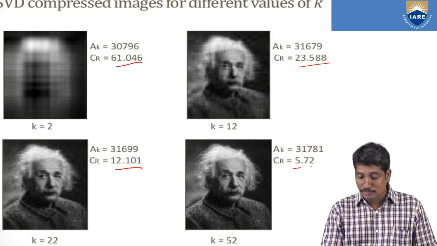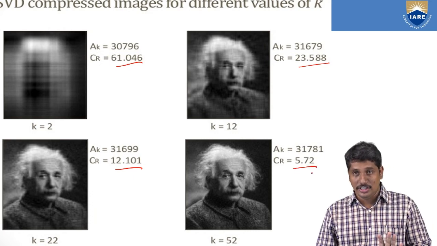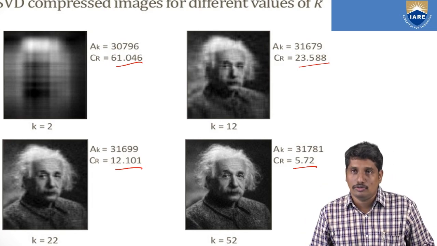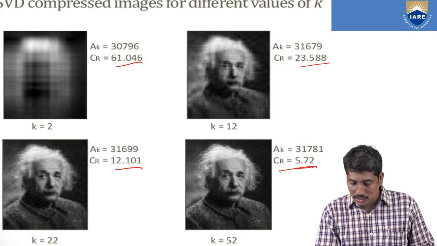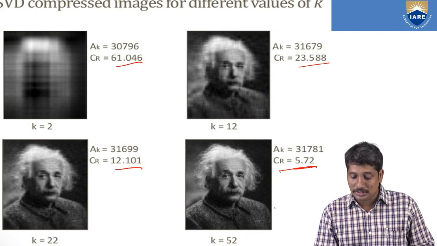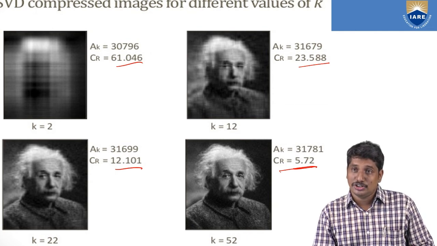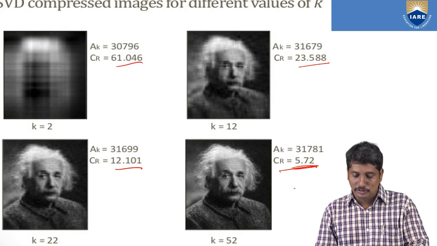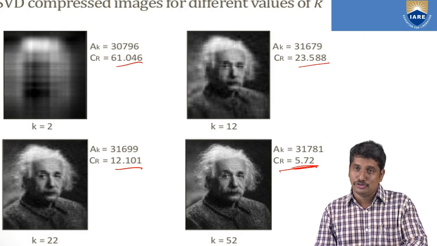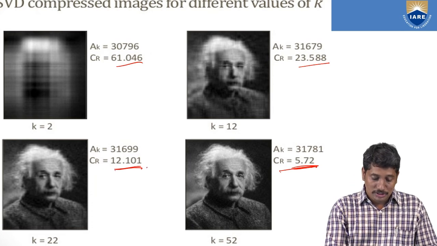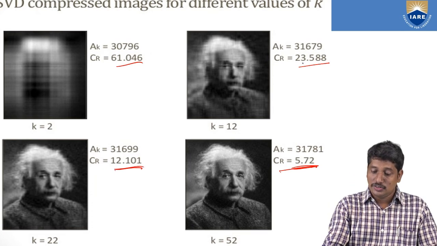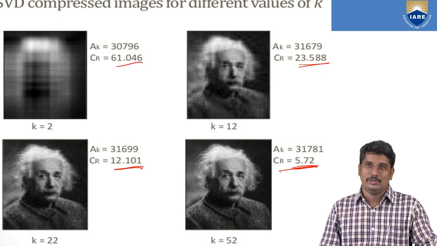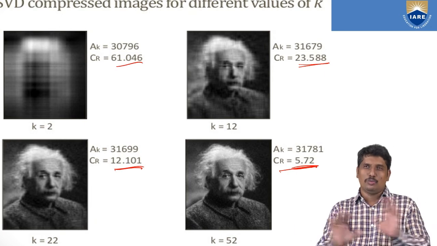But when you confine to a reduction of only 5% of the data, the photo is almost equal to the original photo. So this CR represents the percentage of reduction of data. With 5% reduction, the original photo and the reduced photo are almost the same. With 12% reduction, the photo is like this. With 23% reduction, the photo is a little blurred. And with 61% reduction, the photo is almost completely blurred.